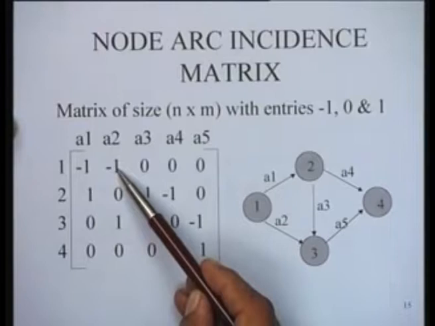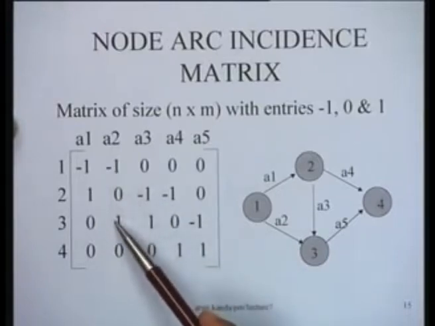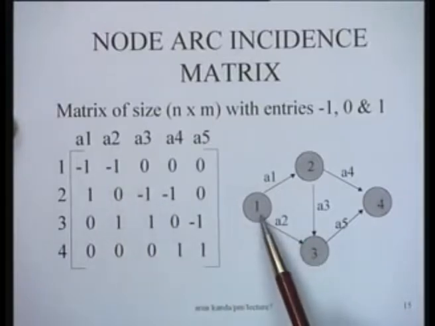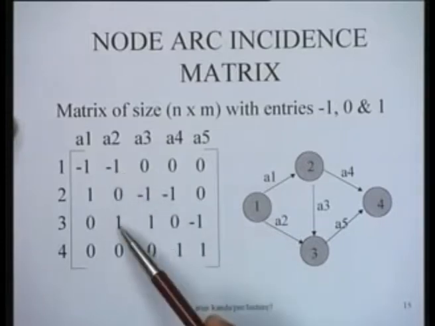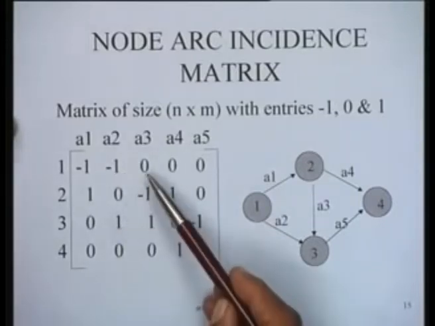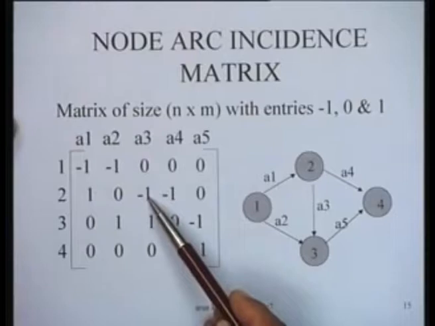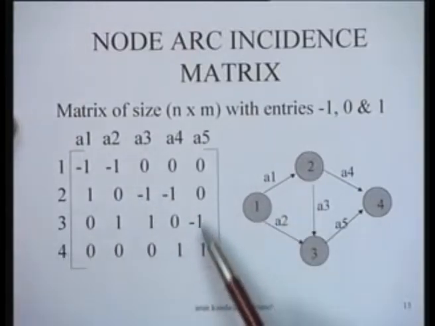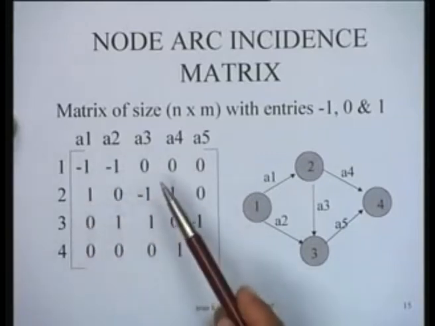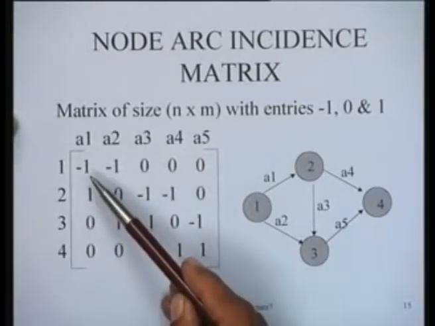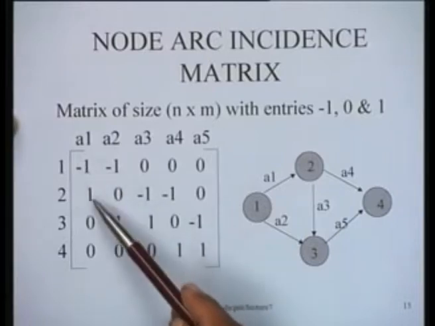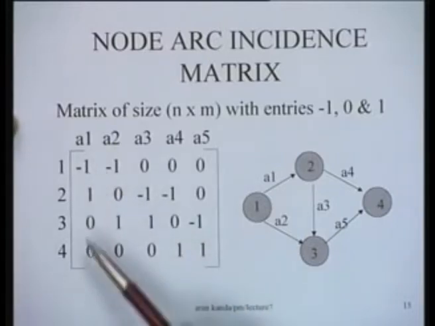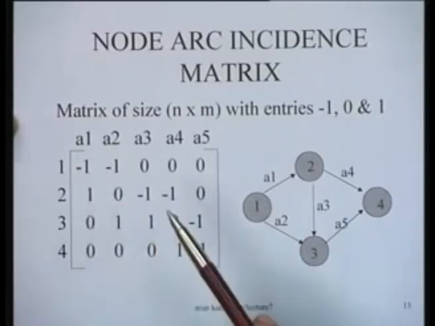Similarly, arc A2 starts from 1 and ends at 3, so minus 1 and plus 1 here. Similarly, arc A3 starts from 2 and ends at 3. In this manner, what you notice is that the node arc incidence matrix will have exactly a minus 1 and a plus 1 in each column and nothing else. So the sum of every column will be 0.